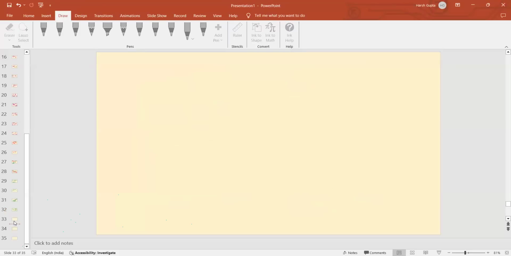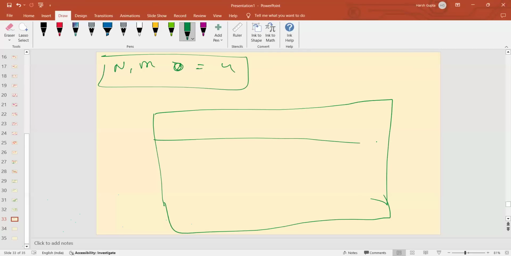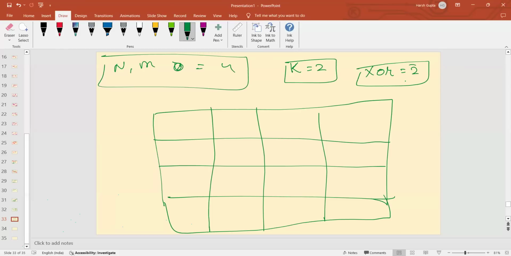But things get interesting when both n and m are greater than 2. Let's suppose both n and m are equal to 4. Let's solve for this case and see how things change. Now if I am filling 2 ones, the XOR result, my ugliness value, will be 2 only. There will not be a change.